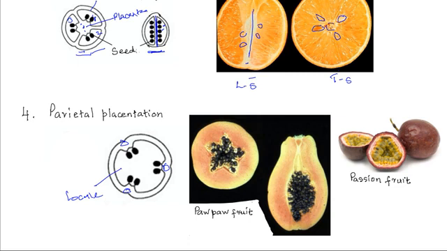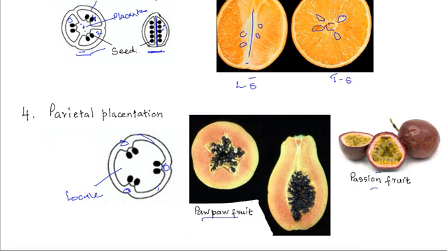In the axial placentation, the dividing wall still remains, but in the parietal placentation, it disappears. So the ovules or the seeds are attached on the ovary walls on the sides. Examples of fruits that have parietal placentation include the pawpaw fruit and the passion fruit.